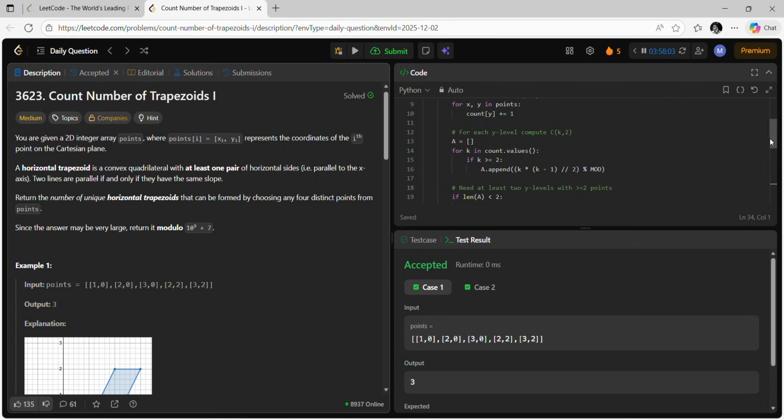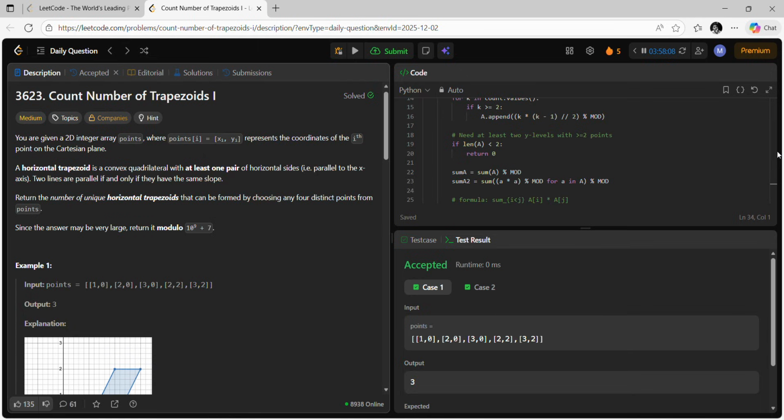In line number 19, if len(a) is less than 2, return 0. To form a trapezoid, we need two different y levels, each with at least one horizontal line. If there are fewer than two, return 0. In lines 21, 22 and 23, sum_a is equal to sum(a) mod, sum_a2 is equal to sum of a times a mod, for a in a.